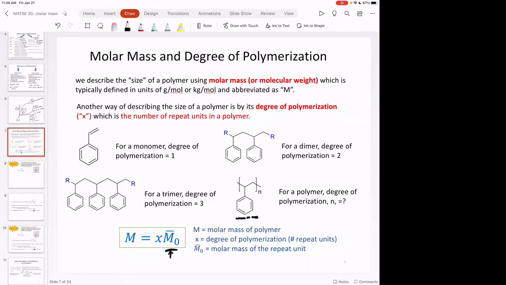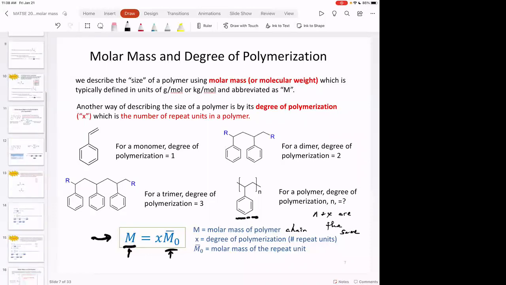If we want to describe the molecular weight of the chain, or the molar mass of the polymer chain, intuitively you know that you just multiply the molecular weight of the repeat unit times the degree of polymerization, but this gives you the equation that you can go backwards and forwards. Sometimes you'll know the molecular weight of the chain and the repeat unit molar mass, and I'll ask you what the degree of polymerization is. And remember, X bar N and X are the same. We've talked about that before.